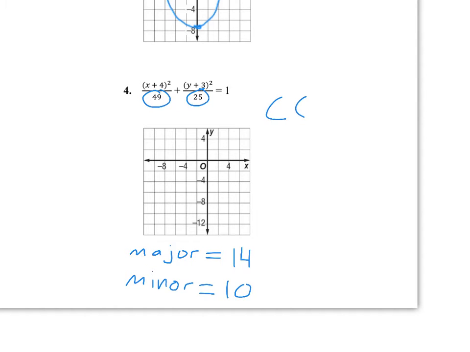This is going to be centered at -4, -3 because of the parentheses on the top. So let's graph that point, -4, -3. And underneath x, we see a 49. The square root is 7, so we go left and right 7 because x means side to side.